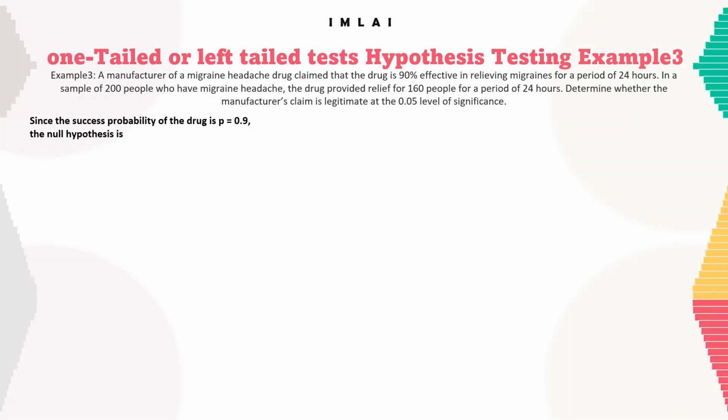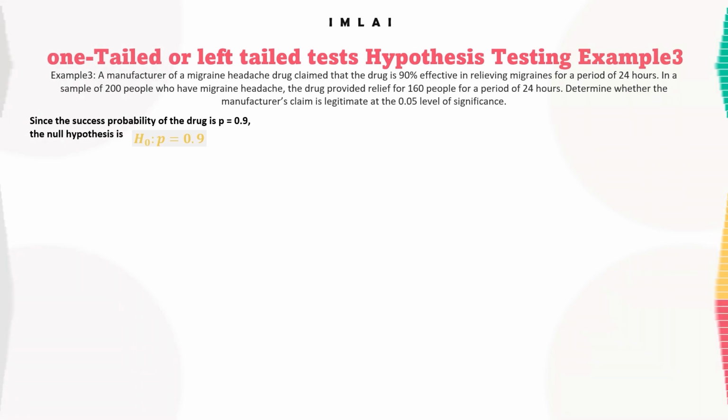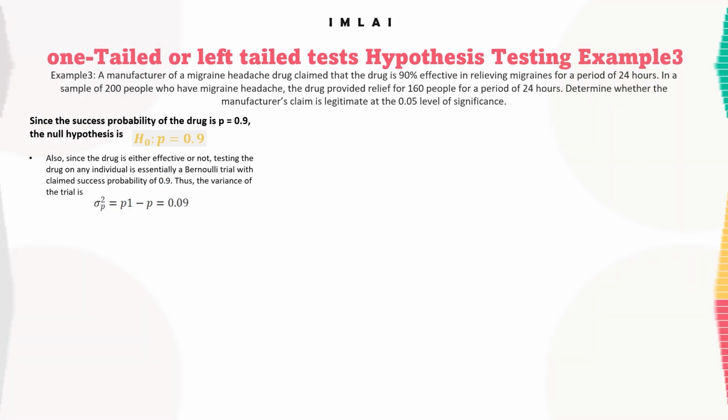Since the success probability of the drug is P equals 0.9, the null hypothesis is P equal to 0.9. Also, since the drug is either effective or not, testing the drug on any individual is essentially a Bernoulli trial with a claimed success probability of 0.9.